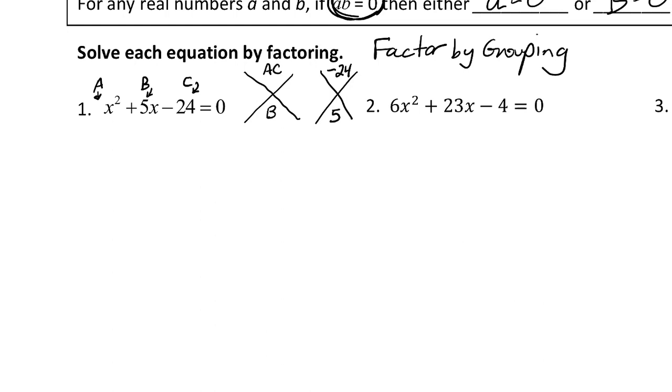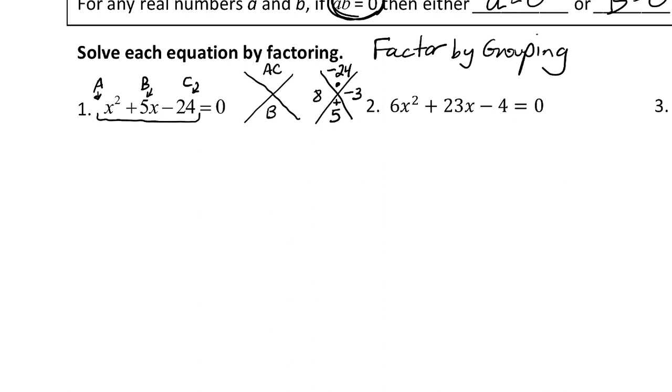So we want numbers that multiply to -24 that will add to 5. Numbers that multiply to -24 and add to 5, that would be +8 and -3. Those multiply to -24 and they add to +5. So we're going to rewrite this equation.